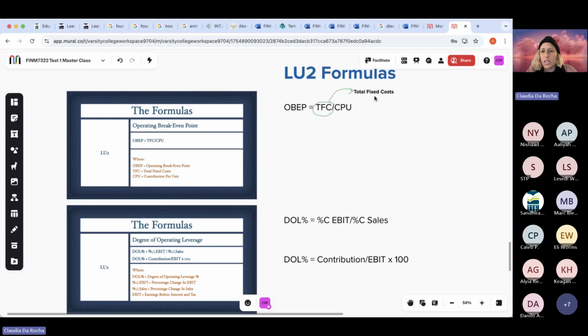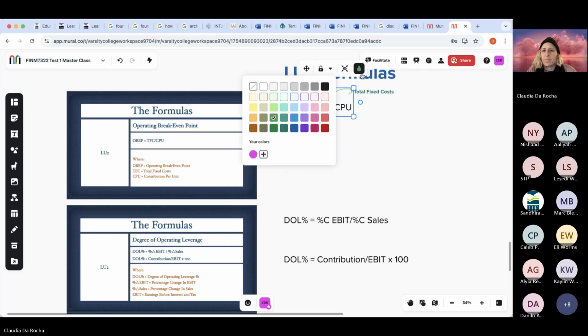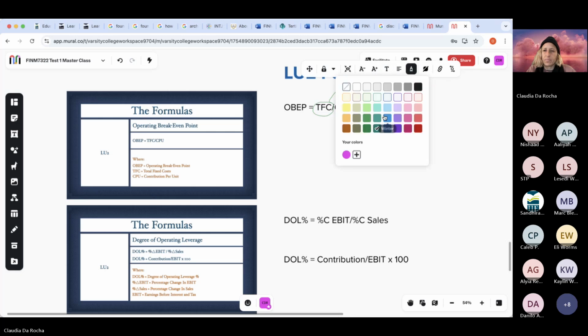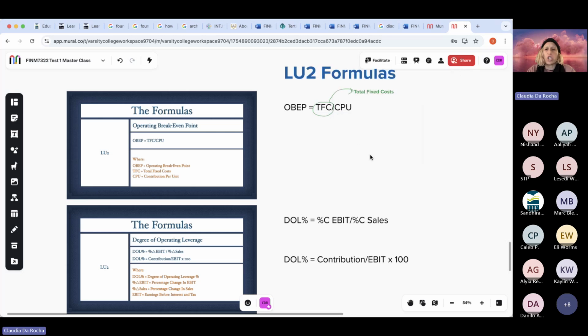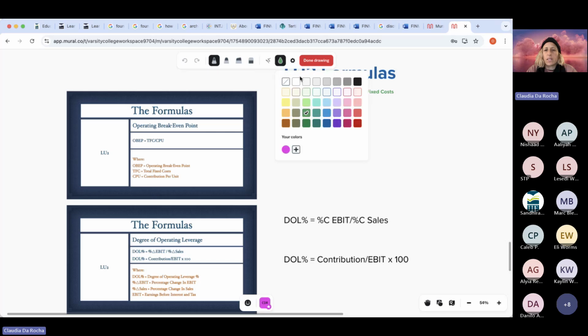That's your total fixed costs over your contribution per unit. And as I've said, this is not a new formula.